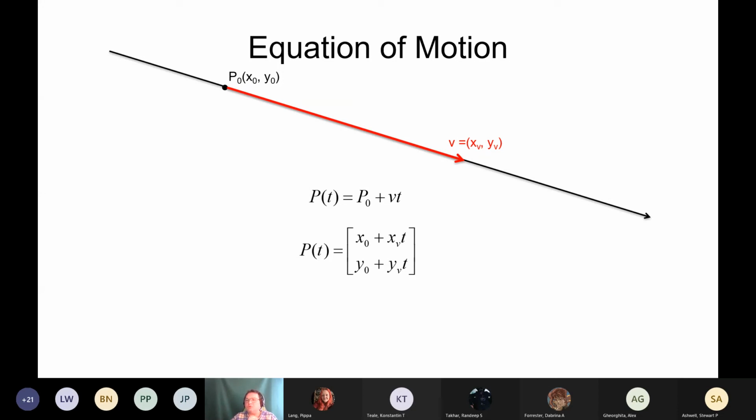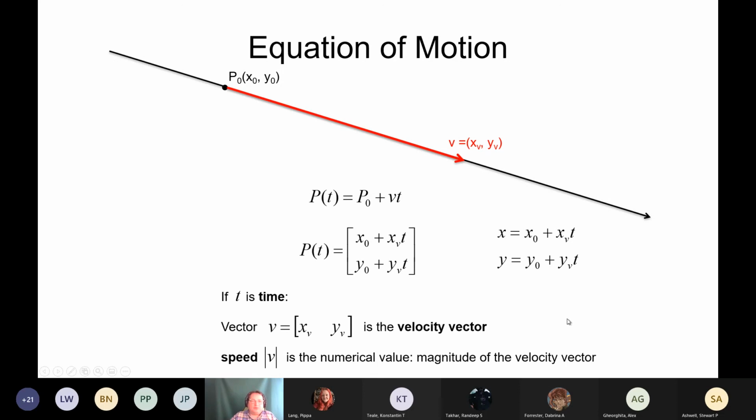If you're using GFC, you won't, okay? GFC understands vectors. And so your x will be x0 plus xv times t, where x0 is your coordinate at time 0, so your initial position, and xv is the x coordinate of your velocity vector.